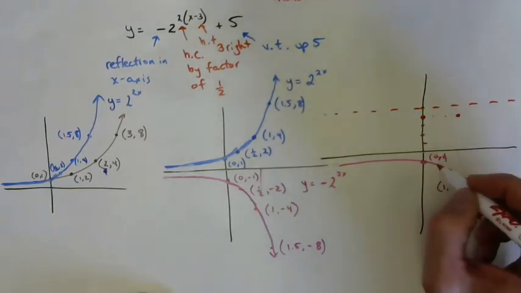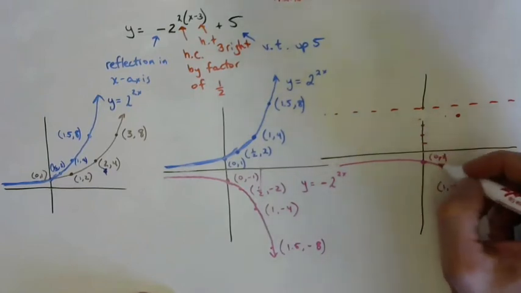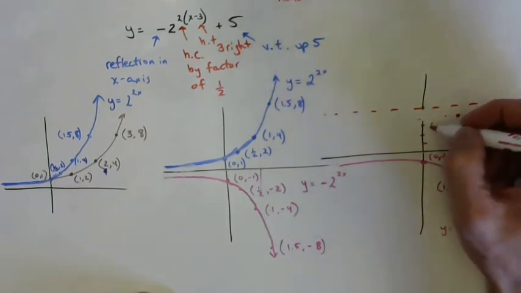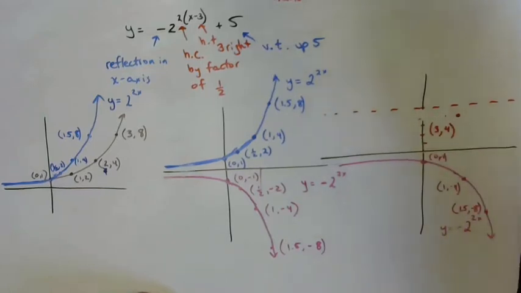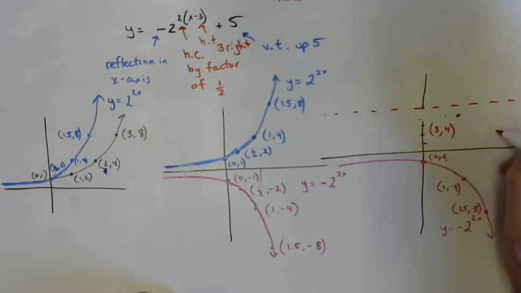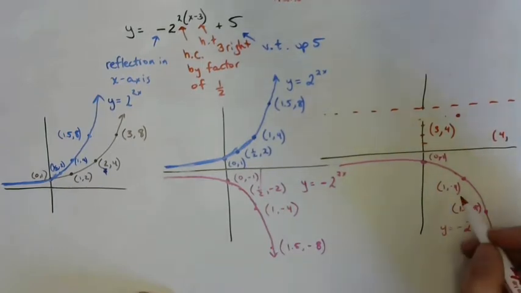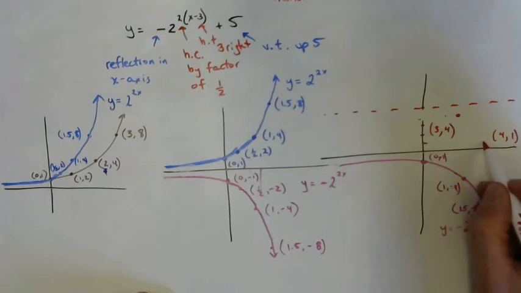Because it's moving up and over, my new point here, instead of 0 and negative 1, is going to go over 3 from 0 to 3 and up 5 from negative 1 to 4. Same thing here. It's going to go over 3, so from 1 to 4, and up 5, so from negative 4 to 1. So the point 4, 1 is on the curve.